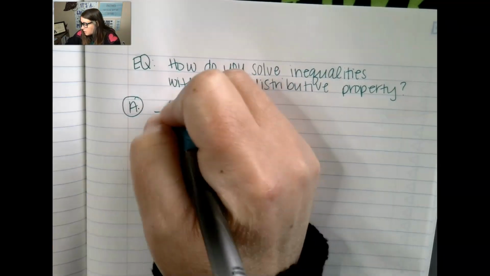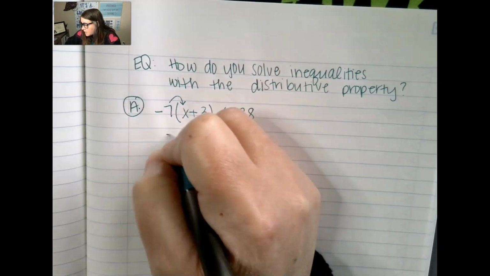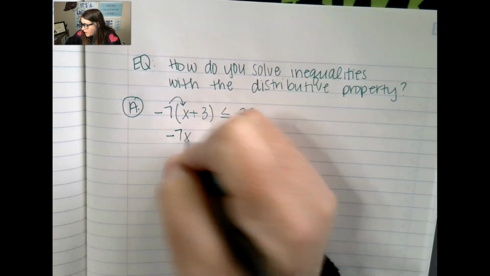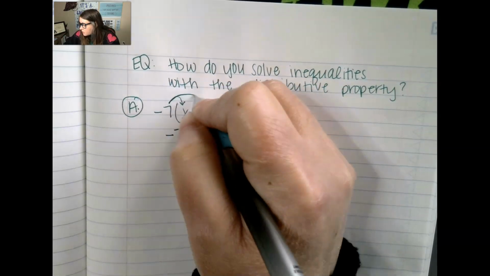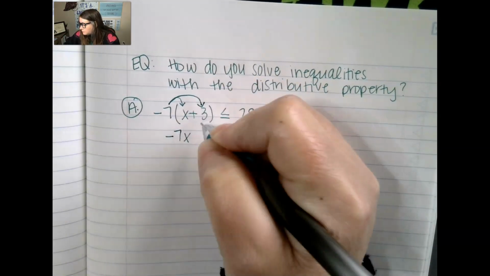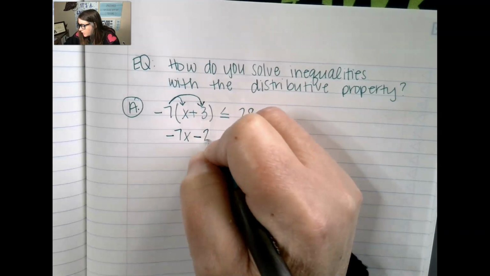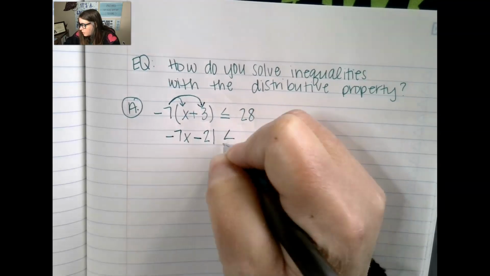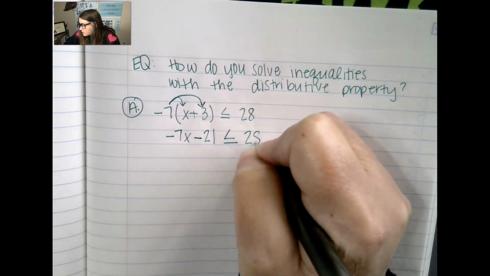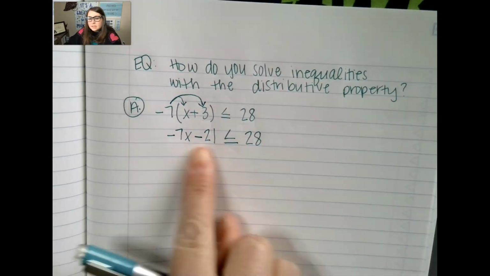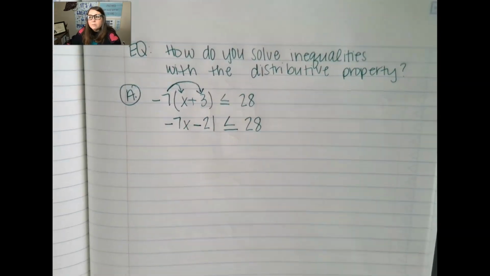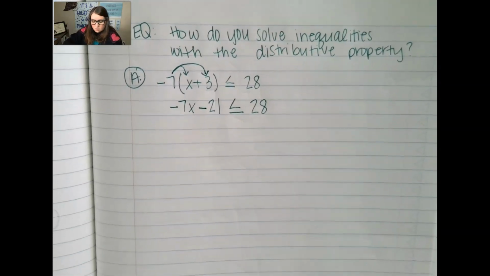If you remember, we're going to multiply -7 times x, which is -7x. And then we're going to multiply -7 times a positive 3, and that's going to give us a -21. Now we just drop down the rest of the problem. This now looks like a problem that you are used to solving.